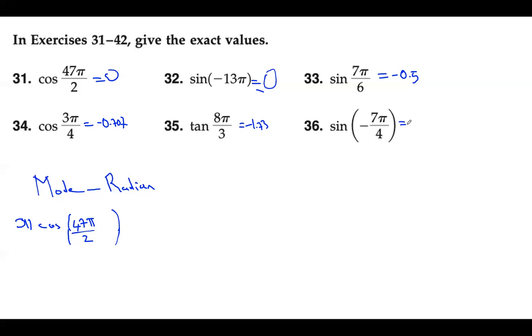Negative 1.73, this is the answer of 35. Now 36, sine, open bracket, minus 7 pi over 4. It will be 0.707.